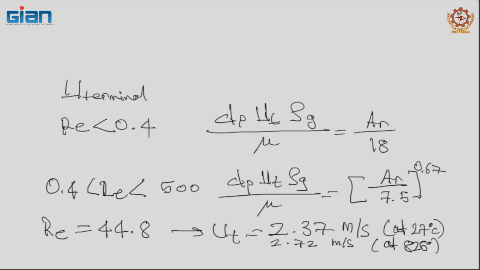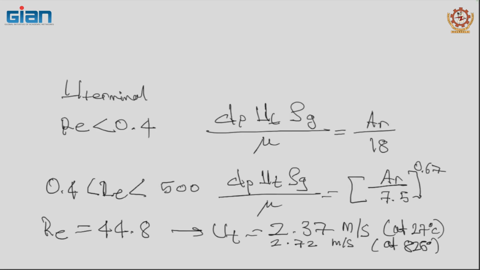I have two ranges of Reynolds number. If Reynolds number is less than 0.4, we use the first formula. They are all derived from basic formulas, and the constants come from correlations from experiments. If it's between 0.4 and 500, which is a very large range, we use the second formula.